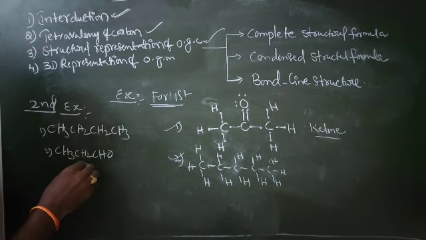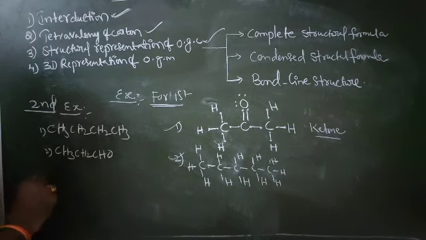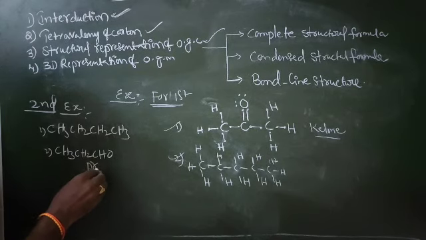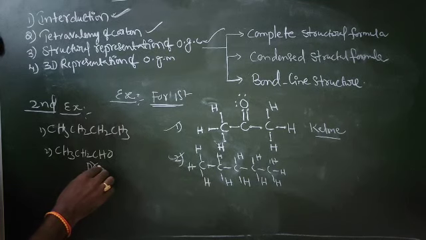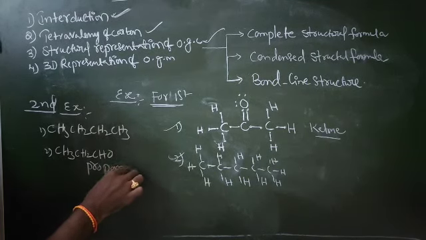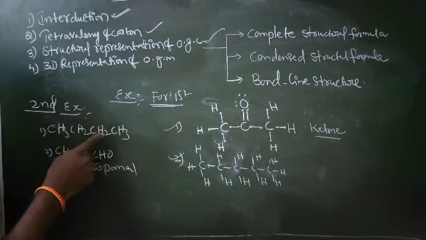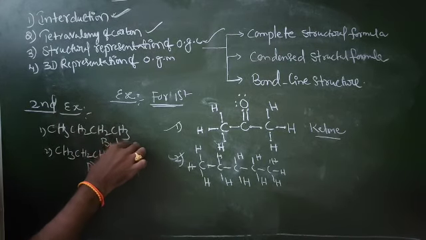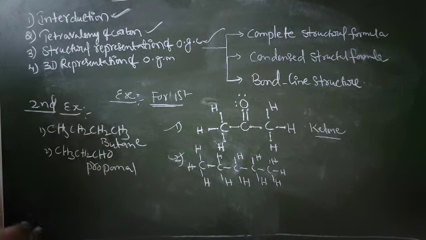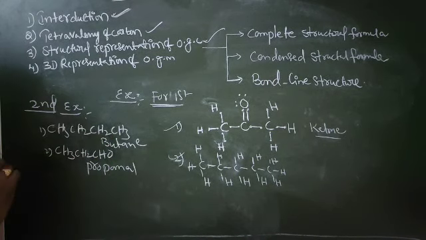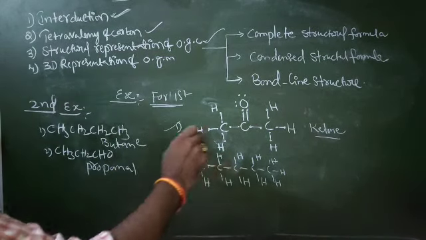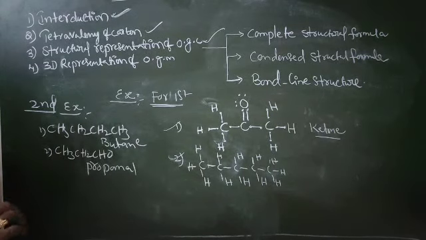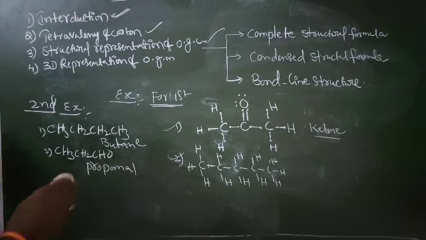So this is an aldehyde group. We call this 1 2 3 carbons, propanal. This one is 1 2 3 4 carbons, means butane. All are single bonds, hydrogens is there. This is condensed structure, sir. This is a complete structural formula. So this is the difference between condensed and complete.